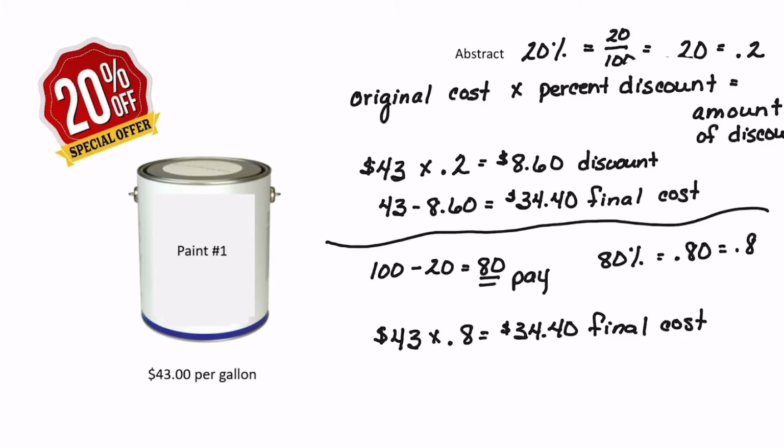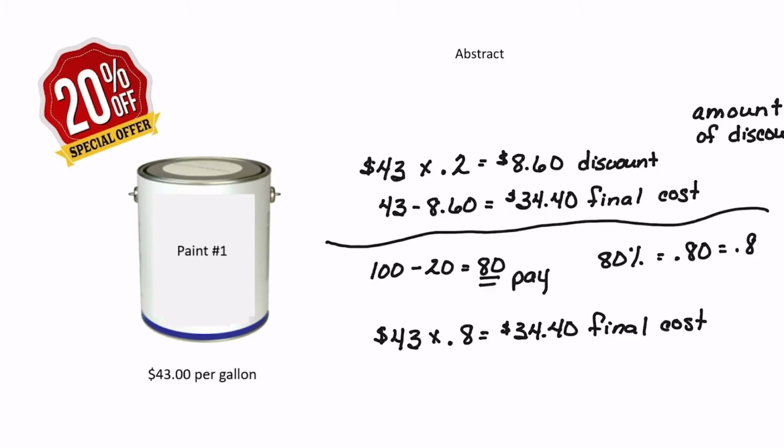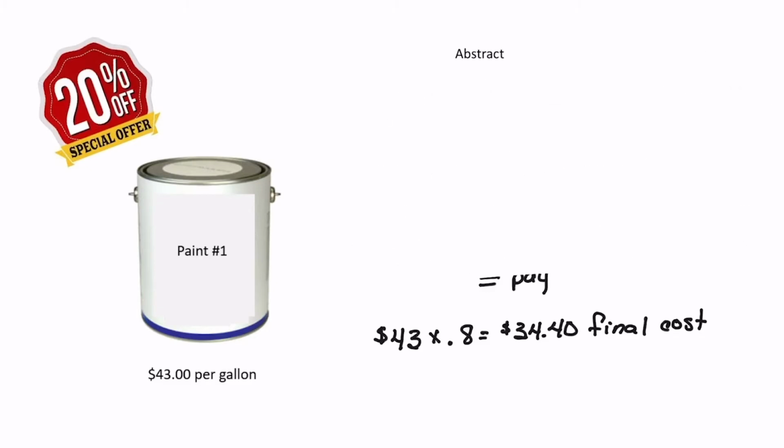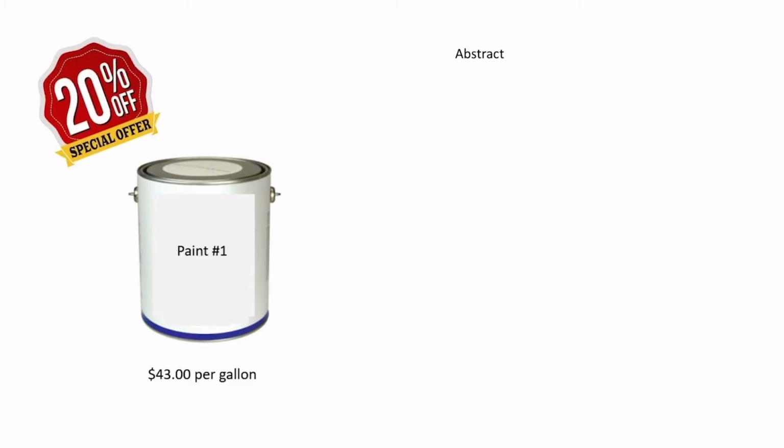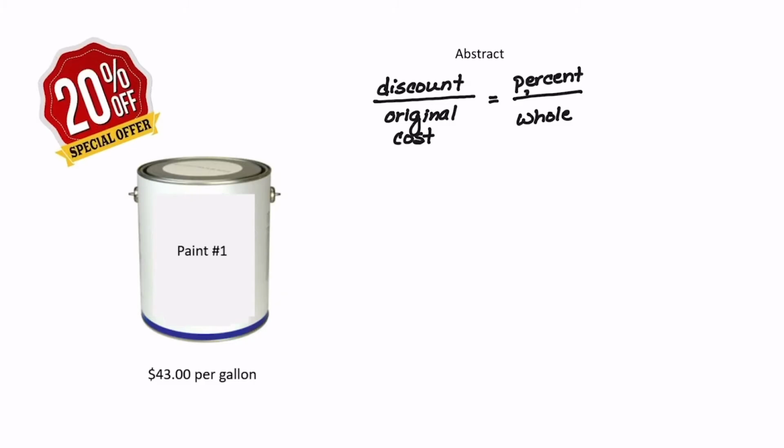There's a third strategy. It's also with abstract. It's using ratios, and I want to show you that very quickly. And ratios is basically 2 fractions. So I have my discount, and as my denominator, I'm going to put my original cost. That is going to be equal to my whole, and this is going to be my percent of my discount.